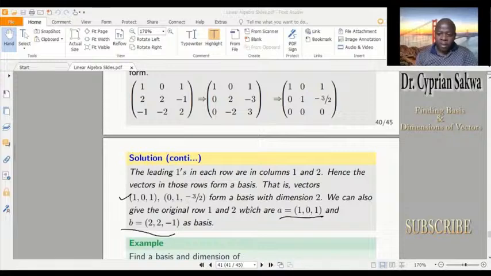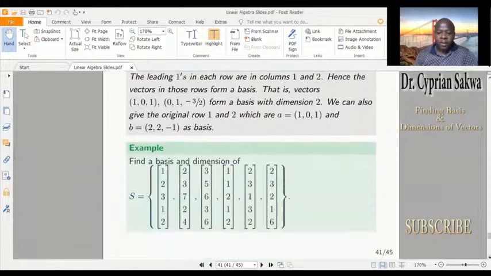Whichever way, the dimension will be the same, because if I choose this row and that row, they have 2 elements, so the basis has 2 elements. And if I choose the original rows, still the basis would have 2 elements. So I think I should look at another example to make the knowledge of basis and dimension clear.